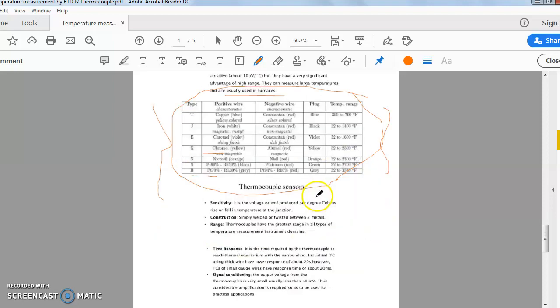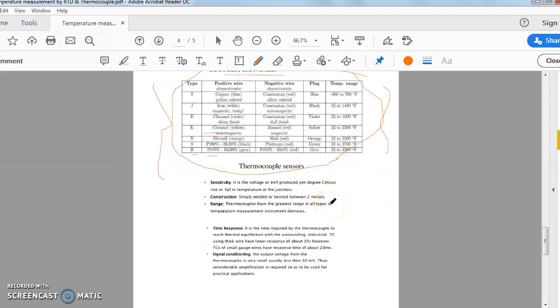Now, thermocouple sensors. The sensors must meet a few particular specifications so that they can be selected as a thermocouple. It should have all the qualities a thermocouple needs to measure temperature with full accuracy.